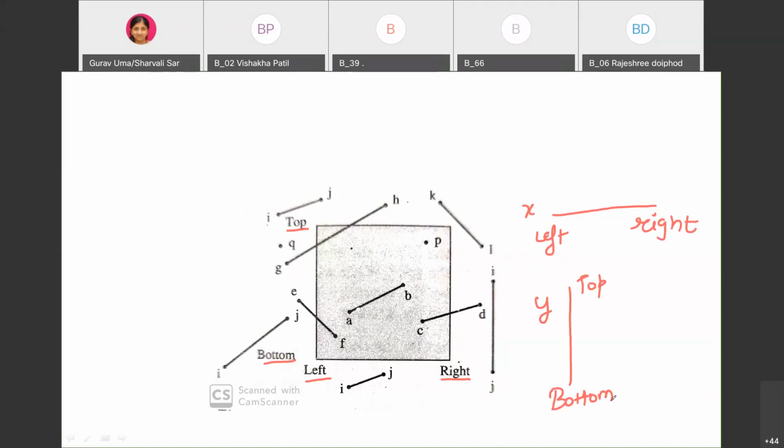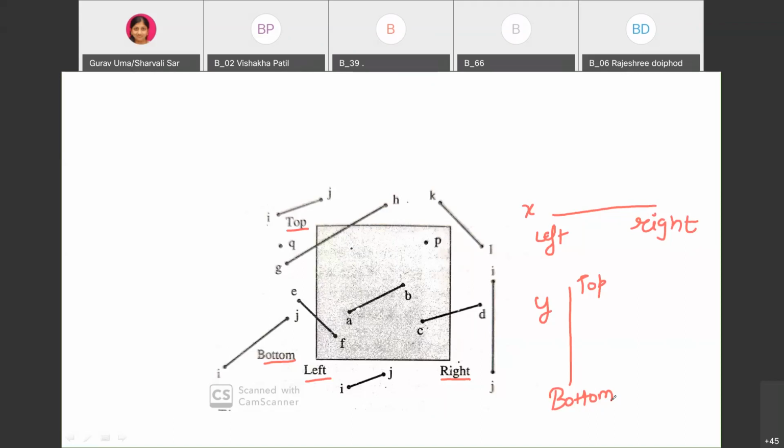So if we are considering the x-axis, there will be x left and x right. If we are considering the y-axis, there will be y top and y bottom. See, in the figure right, left, bottom and top have been noted according to the x and y axis. With the help of right, left, bottom, top, now we will see which line we have to keep and which line we have to discard.